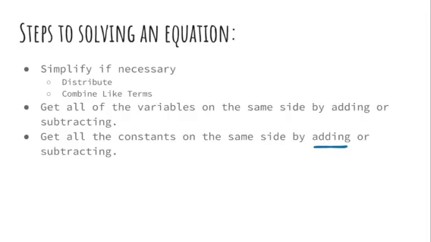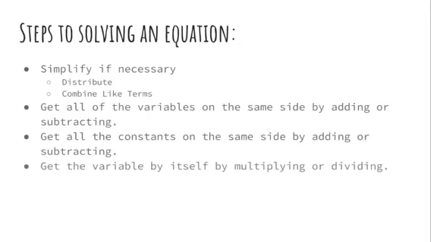You're, again, going to add or subtract those. And you want to get the variables and the constants on different sides of the equation. Then you're going to get the variable by itself by multiplying or dividing. And finally, you're going to check your answer by plugging in.